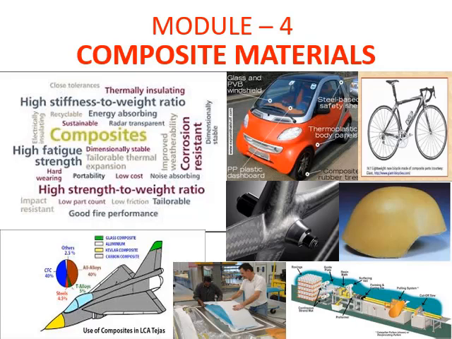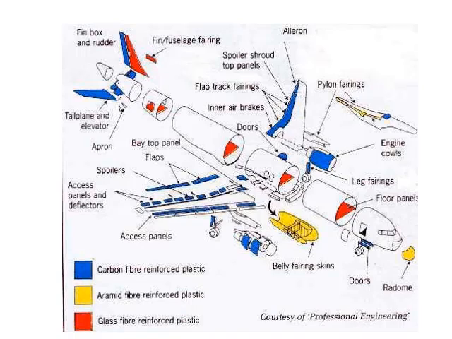If you see the present scenario, just to have a glance at how composite materials have occupied the present application areas: if you see an aeroplane, a flight, and its parts, more than 80% of the so-called critical components are made up of composite materials.